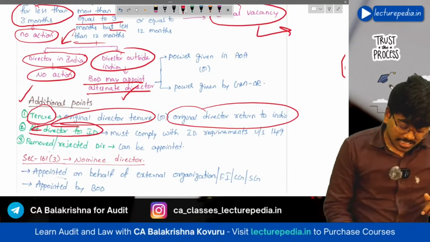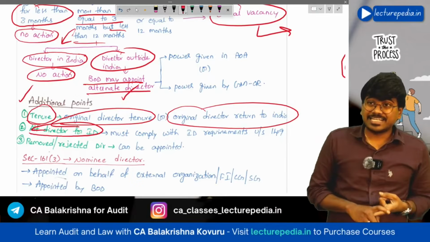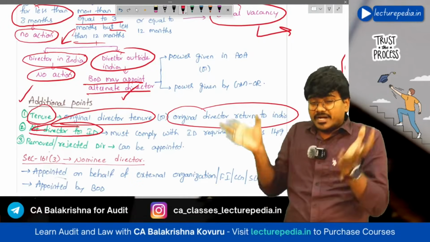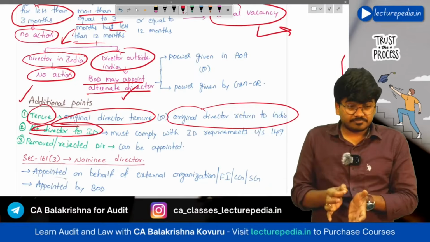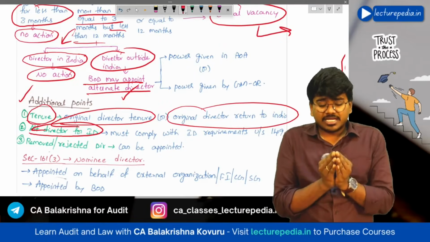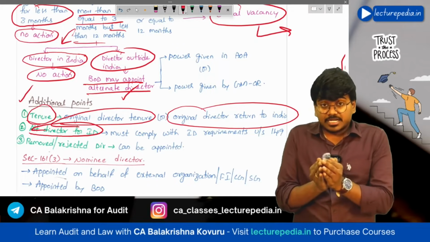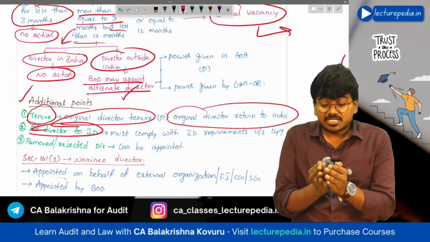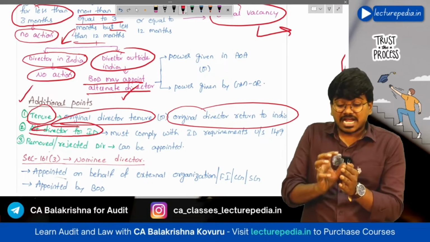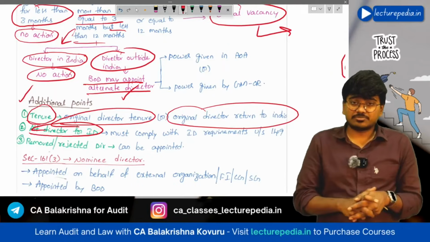Next, alternate director for an independent director. See, if you want to appoint an alternate director for an independent director, whenever the term independent director comes, you should remember that to call a person an independent director, he needs to satisfy various conditions of Section 149 Subsection 4 to Subsection 12.